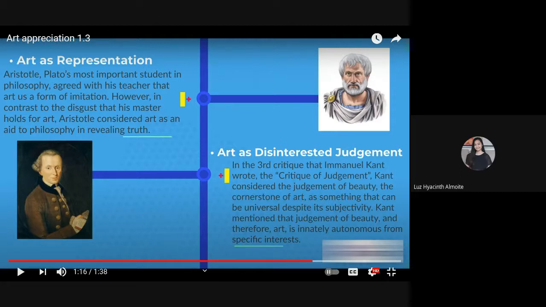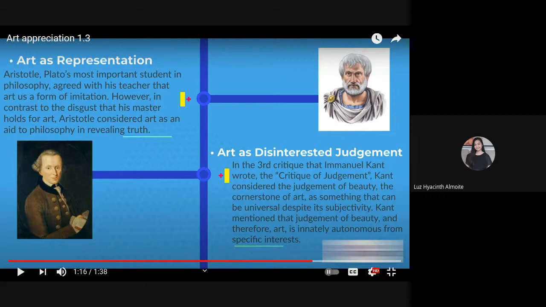So for Kant, when one judges a particular painting as beautiful, one in effect is saying that this painting has induced a particular feeling of satisfaction in him, and that he expects the painting to rouse the same feeling from anyone. For him, every human being should recognize the beauty that is inherent in a work of art.